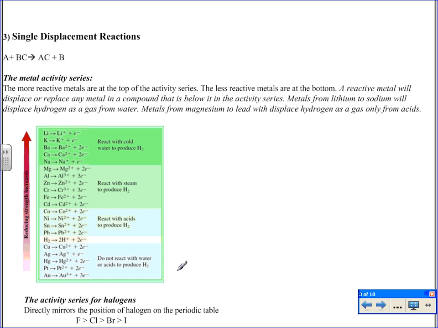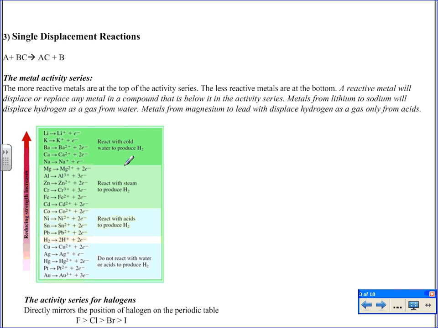This is the activity series of metals, and it basically puts in order the metals from the most reactive to the least reactive. So these metals at the top are more likely to lose electrons than the ones at the bottom. And what you'll see is that there's different sections here.